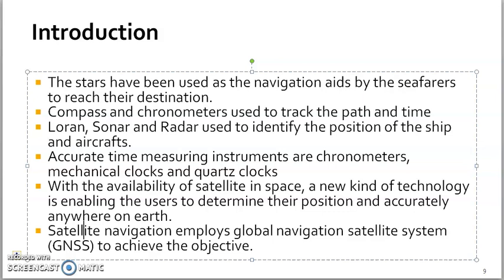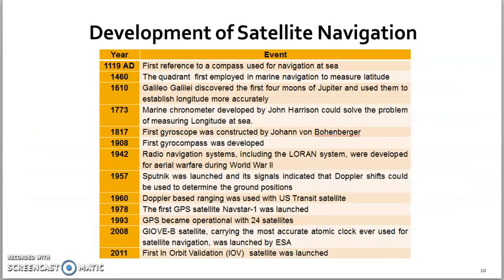Now we'll go on to understand the timeline of events for the development of the satellite navigation system. First, the navigation compass was used for navigation at sea. Then Galileo discovered the first 4 moons of Jupiter and used them to establish longitude more accurately.